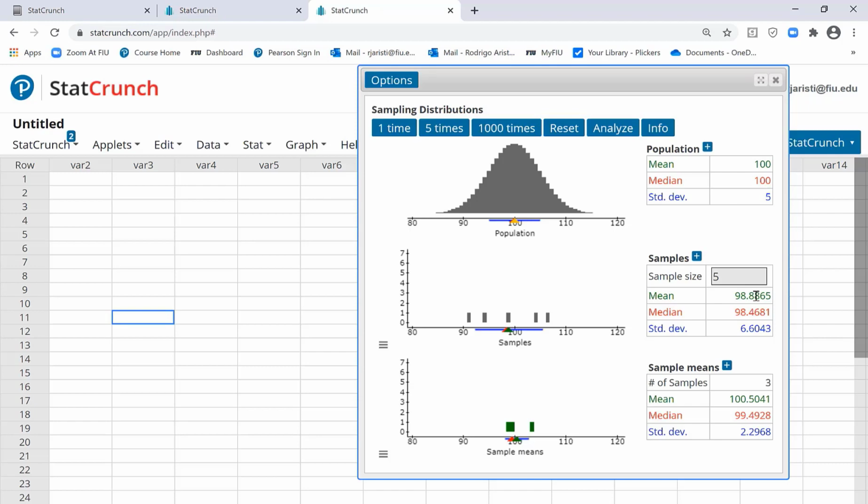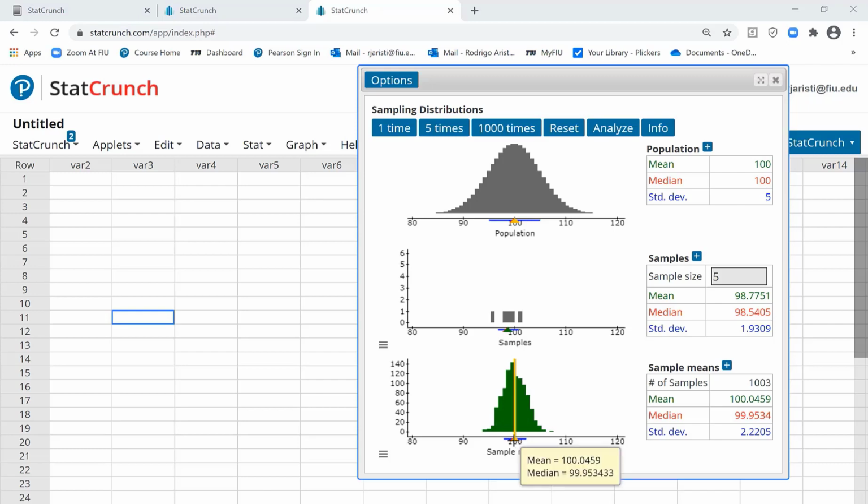If we compute the mean of 1000 samples of size 5, we obtain the following distribution. You can observe that the center of the distribution is 100.04. The center of the distribution should be the same as the center of the population, which is 100.